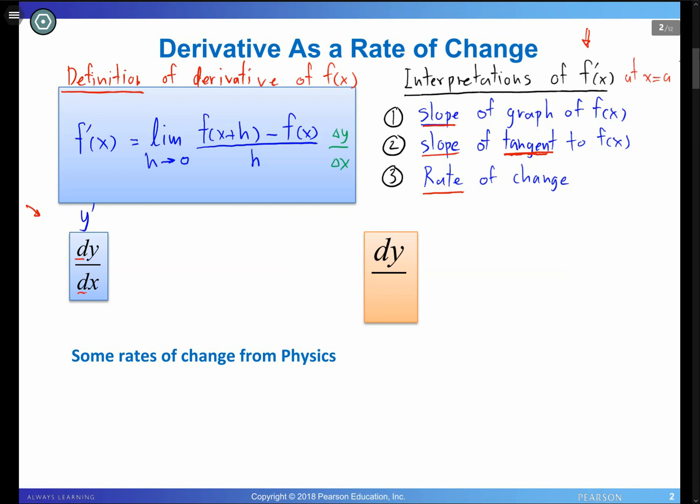So let's take a look here. These two d's, d stands for differential. What is that? Differential. It means a very small change. Really, really small change. Smallest change. In other words, smallest delta.